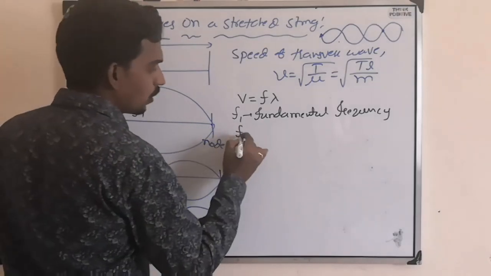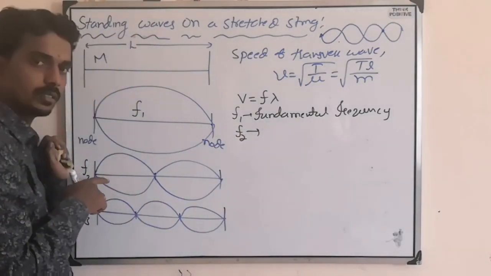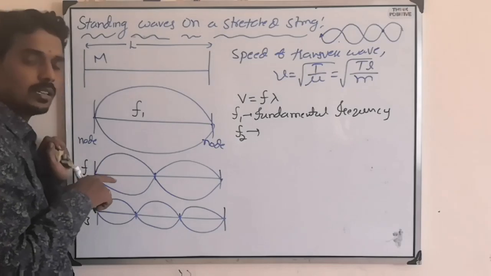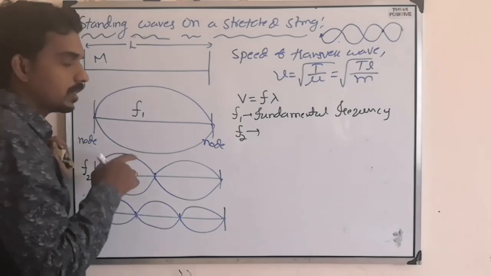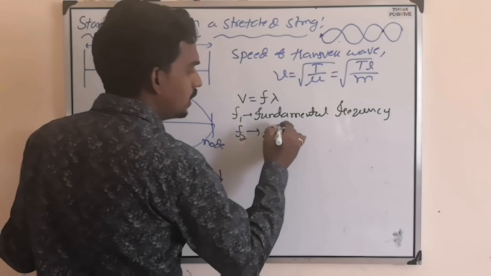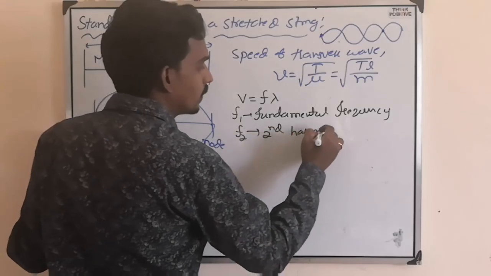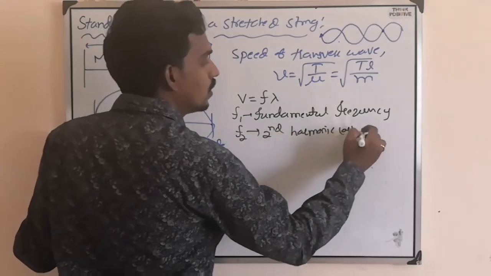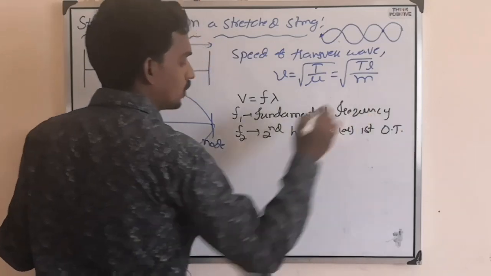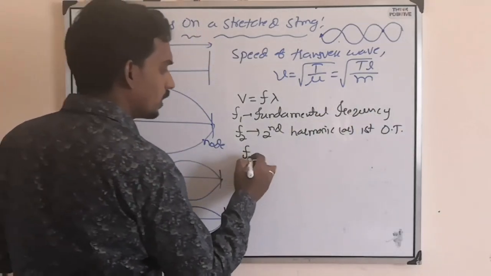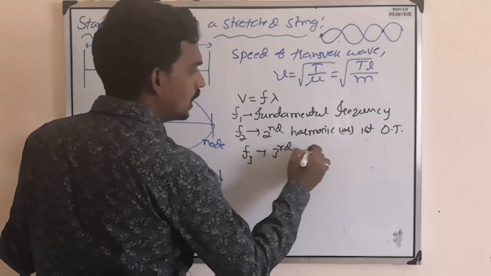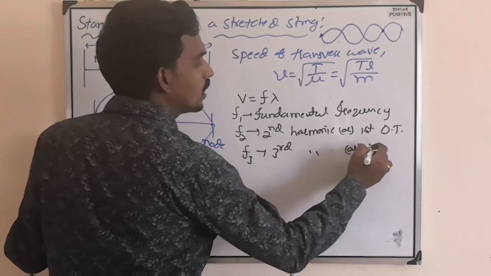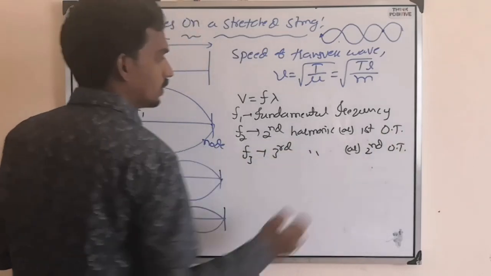The second possible frequency we call the second harmonic or first overtone. And the next one we call the third harmonic or second overtone.